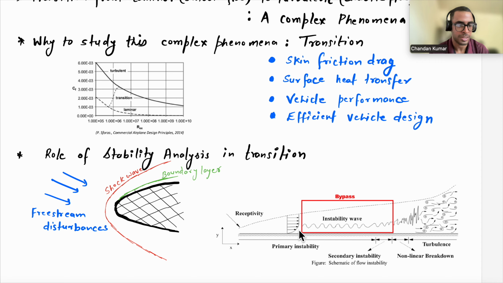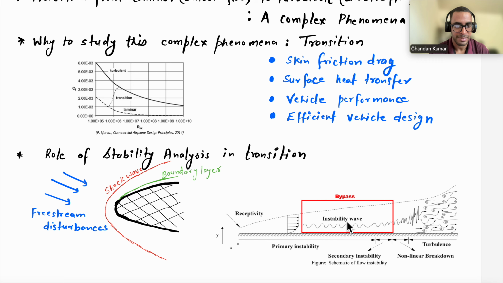So in those scenarios, when we have high amplitude disturbances, it bypasses all these instability mechanisms, and directly goes to nonlinear breakdown, and then the flow suffers turbulence immediately. You will also notice that the primary instability region is much longer compared to the secondary and nonlinear breakdown, because once the secondary instability starts, it takes very little time for the flow to go to turbulence.